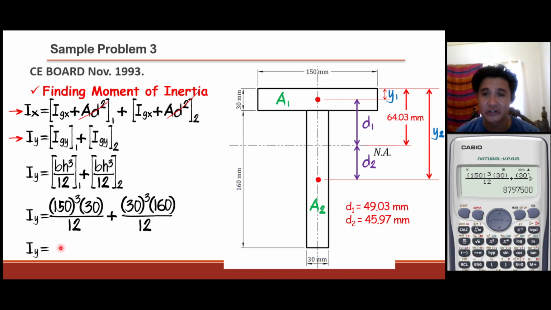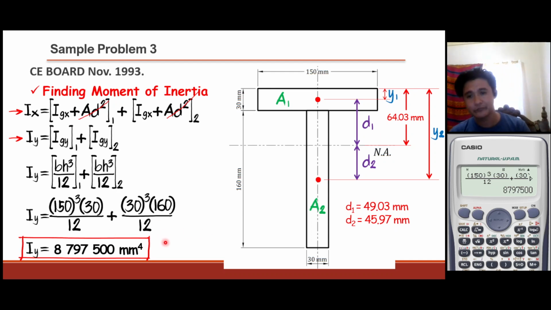So yung moment of inertia with respect to y, that is 8,797,500 millimeter raised to the 4. So this will now be yung moment of inertia natin with respect to y. Okay? So, yan na yun, yung part 2 ng ating solution, yung finding moment of inertia.